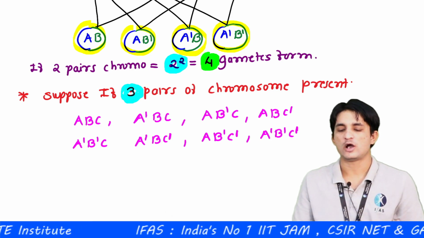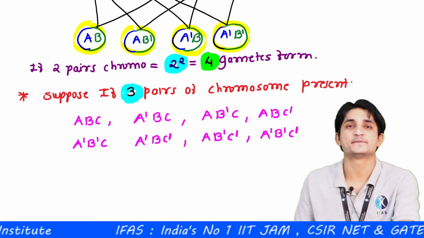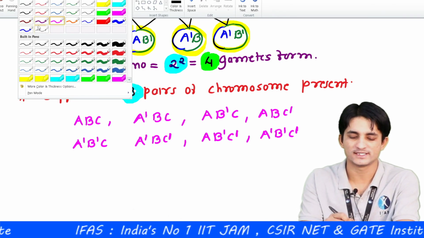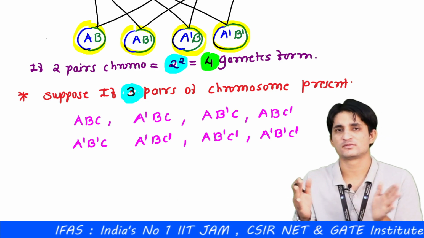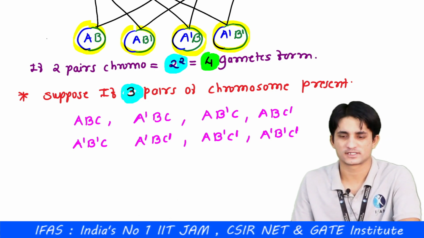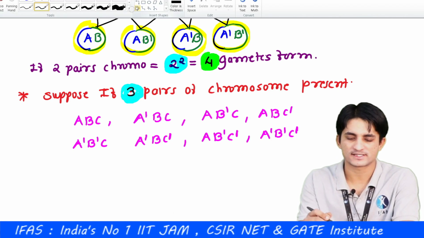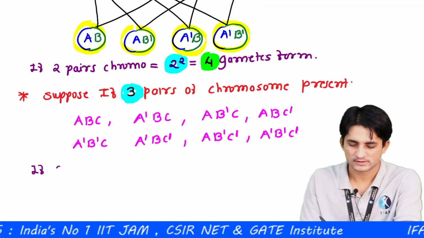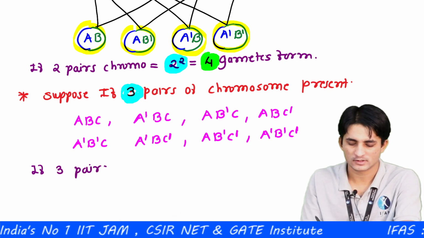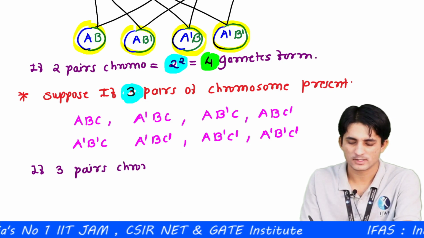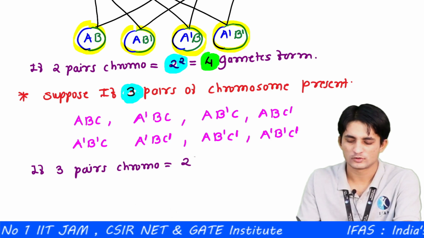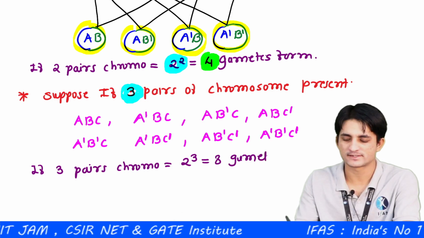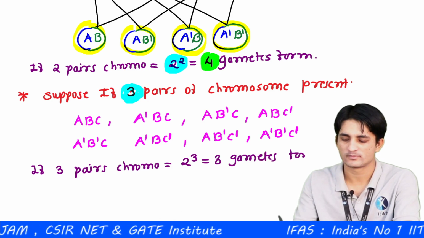So how many different types of gametes are produced through independent assortment? We only see which pair of chromosomes is transferred into the gametes. So if there are 3 pairs of chromosomes, then 2 raised to 3, that is 8 gametes form.